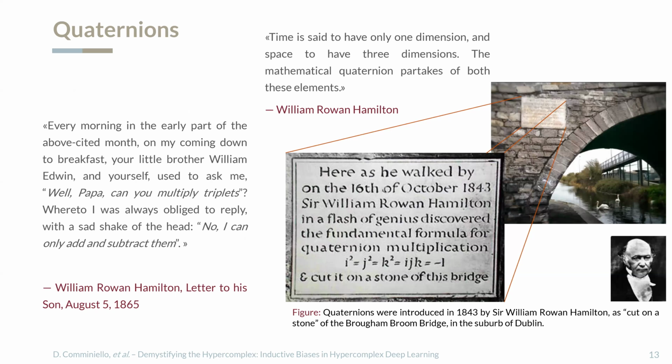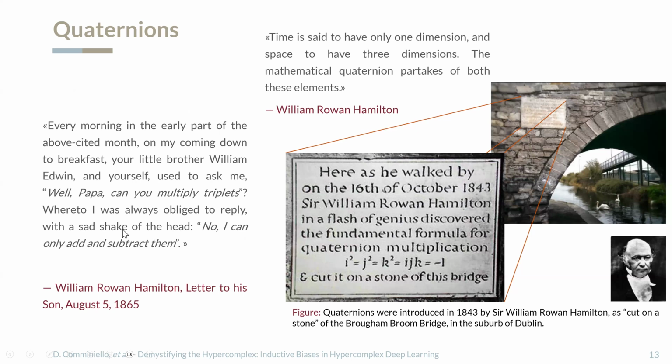So quaternion algebra was invented by Sir William Rowan Hamilton, and there is also a stone on a bridge in a suburb of Dublin which says that as he walked by on 16th October in the 18th century, Sir William Rowan Hamilton, in a flash of genius, discovered the fundamental formula of quaternion multiplication, in which we don't have the commutativity. Okay, so this is something that was cut in a stone.